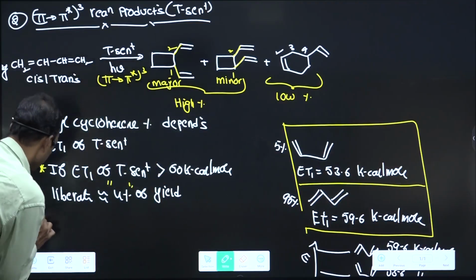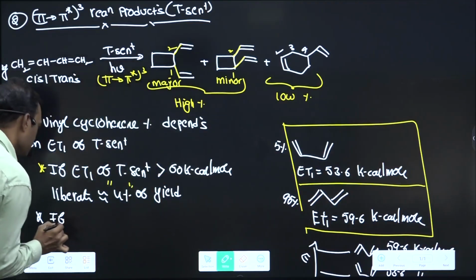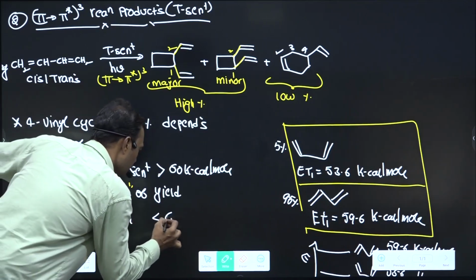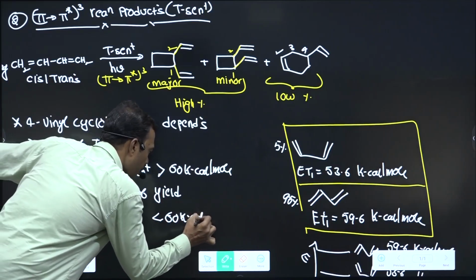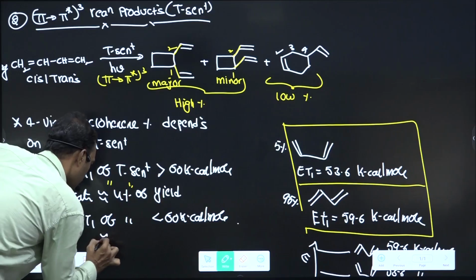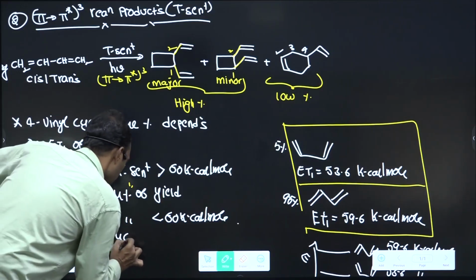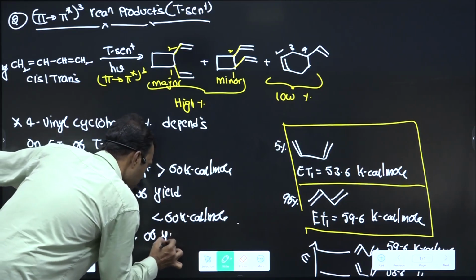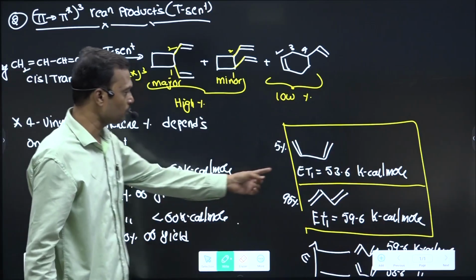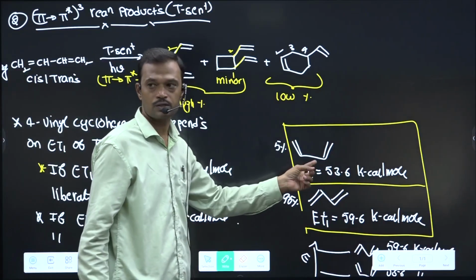Now the second one: if ET1 of the triplet sensitizer is less than 60 kilocalorie per mole, that will liberate approximately a maximum 40% yield. Which means, if it is less than 60 kilocalorie per mole, which is activated? That is cis.